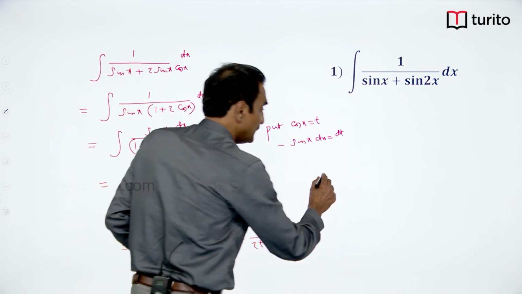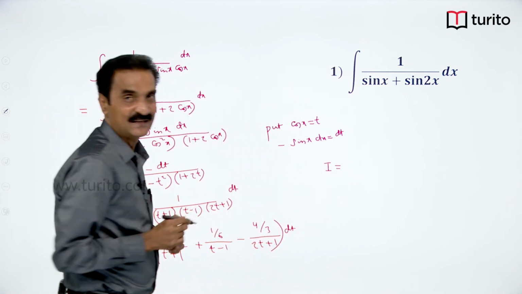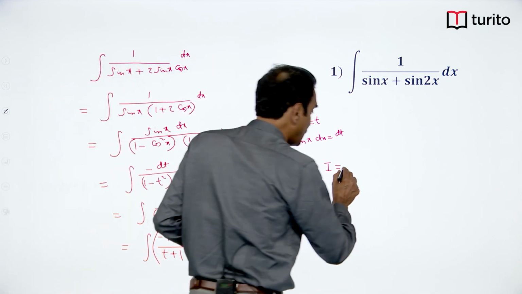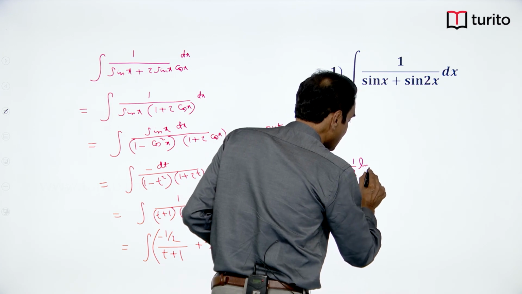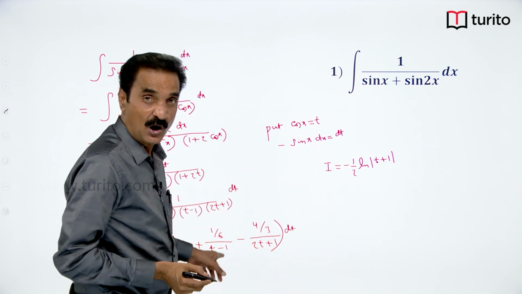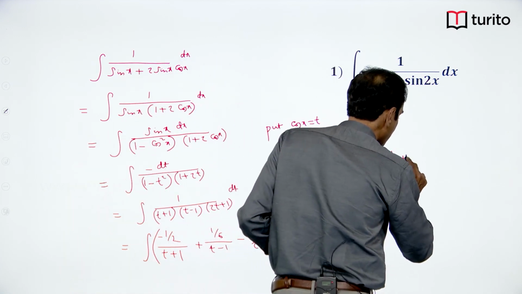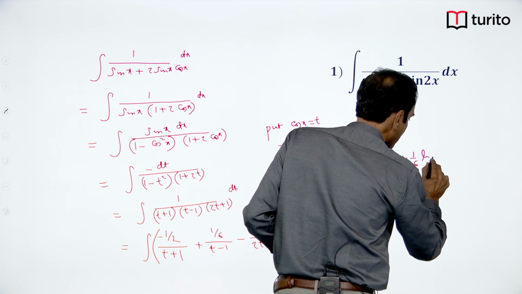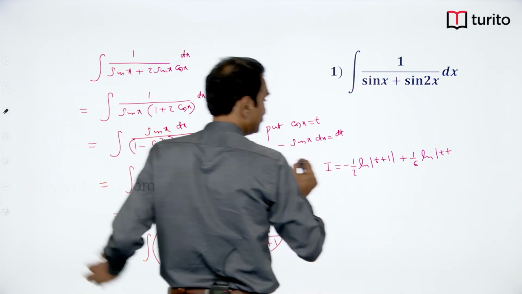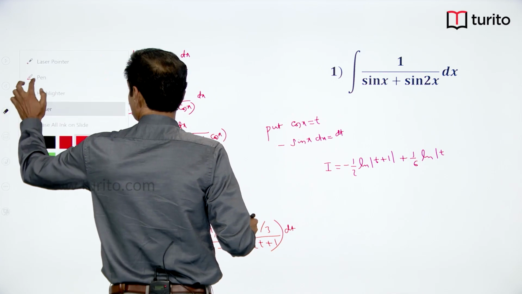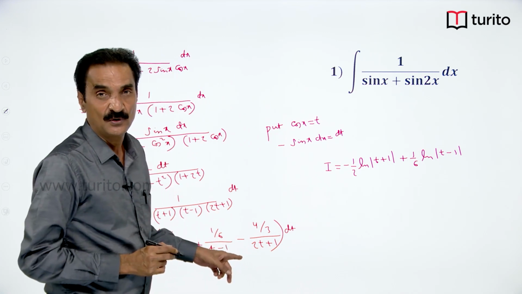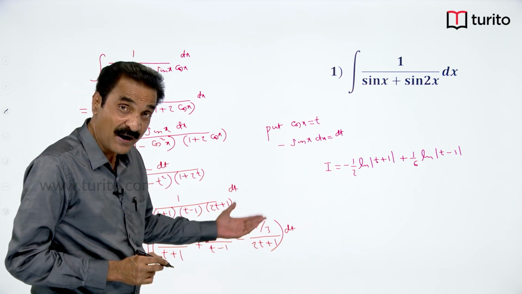So, finally, the given integral is I is equal to, usually we denote every integral by I, is equal to minus 1 by 2 log mod t plus 1 plus 1 by 6 into log mod t minus 1, next minus 4 by 3 into log mod 2t plus 1 by 2.